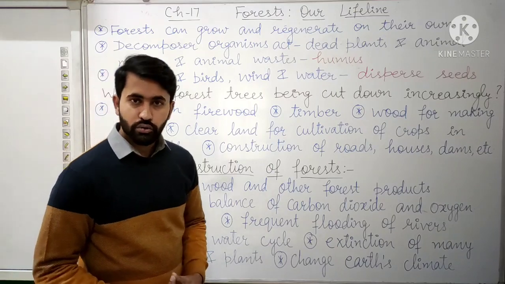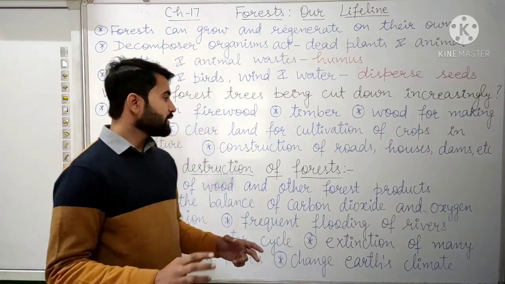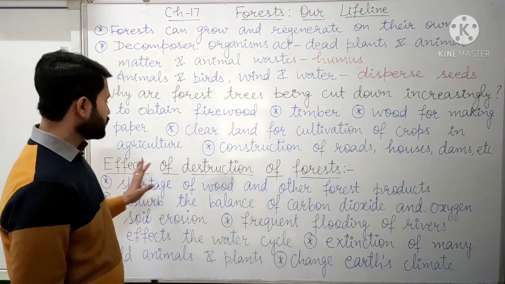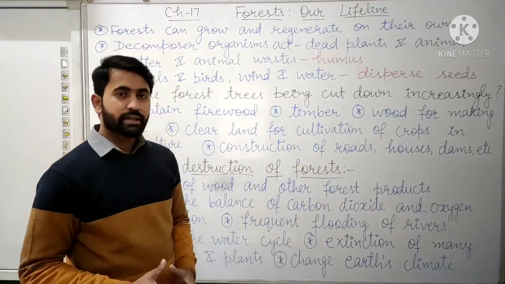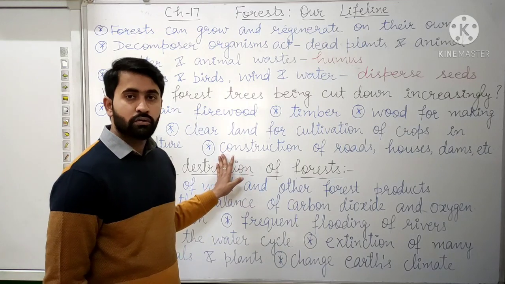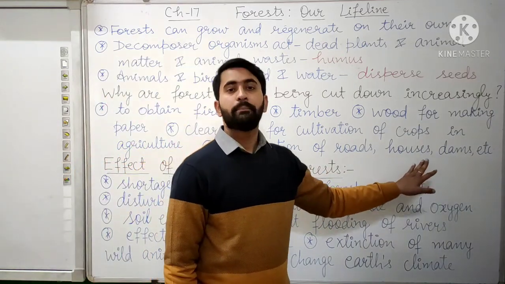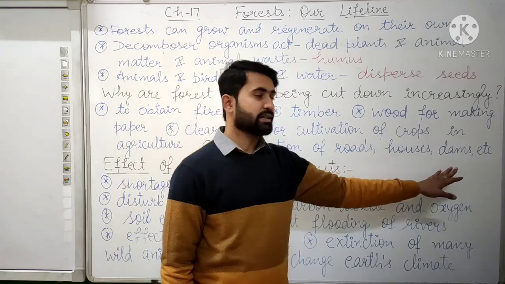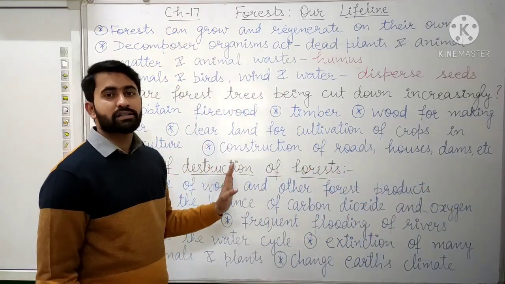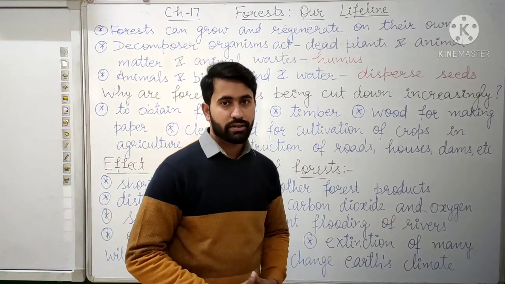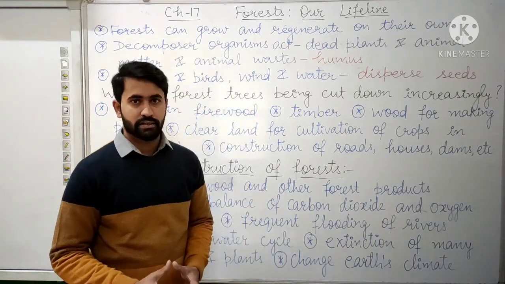Forests are also cut down to clear land for cultivation of crops in agriculture. Forests are also cut down for the construction of roads, houses, buildings, dams, etc. So these are some of the reasons behind the cutting down of the forest on a large scale.